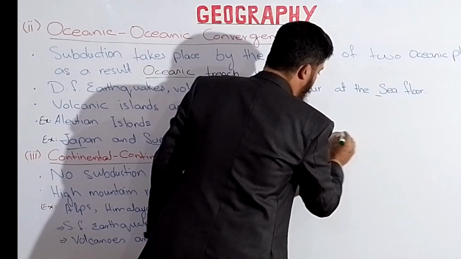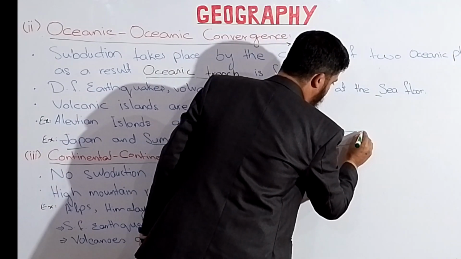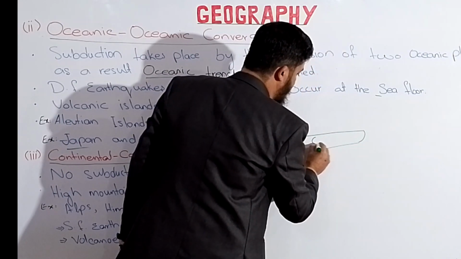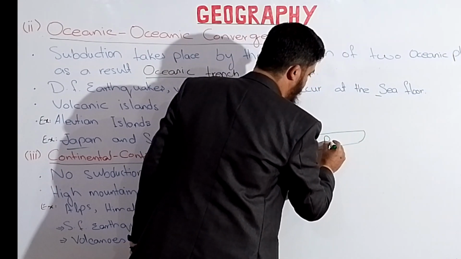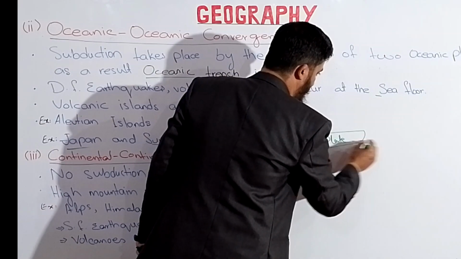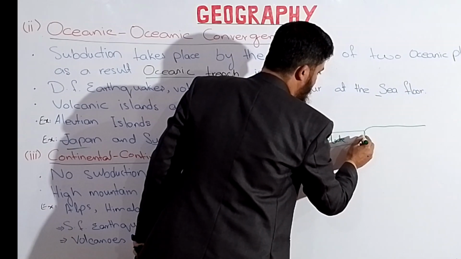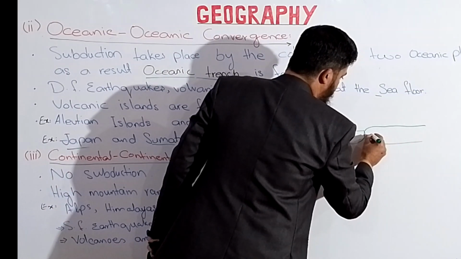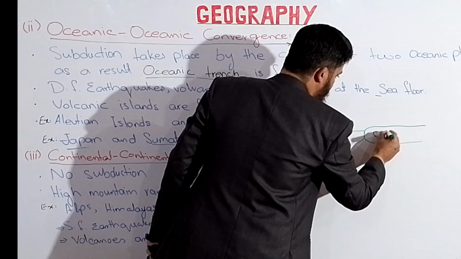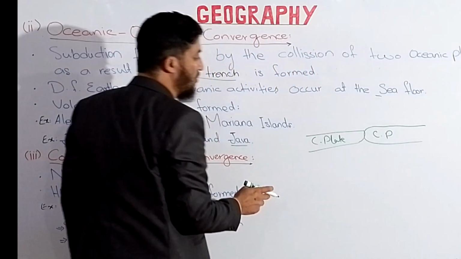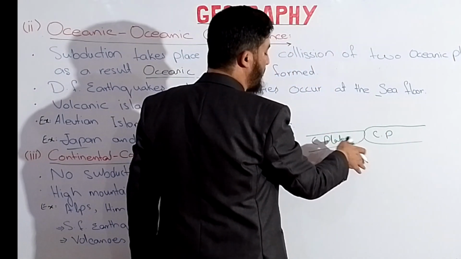See, when two plates come, one from here and one from here, they are a continental plate, and this is also a continental plate. So they do not subduct one under the other.